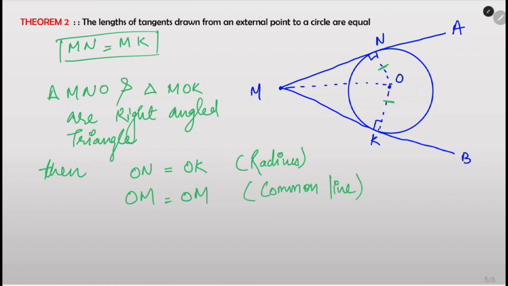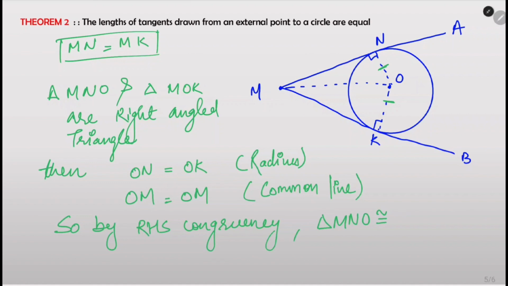And there is one right angle. So by RHS congruency, we can say that triangle MNO is congruent to triangle MOK.